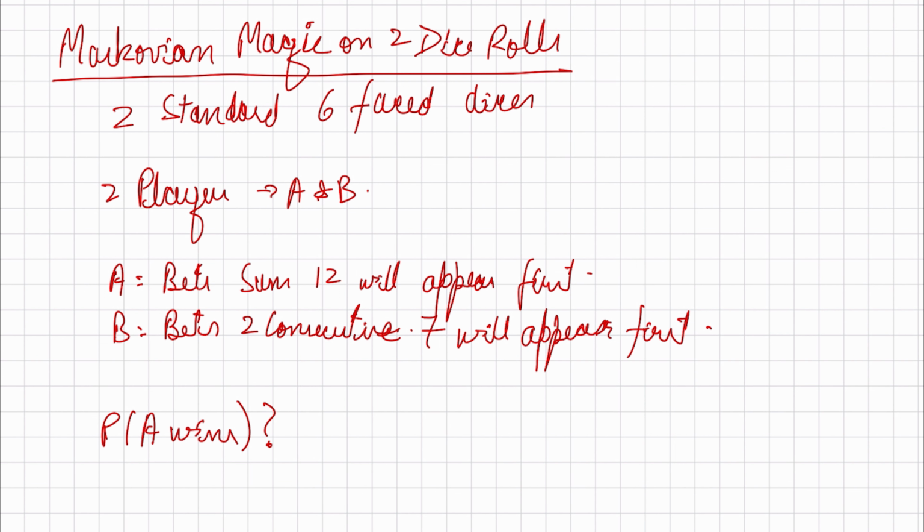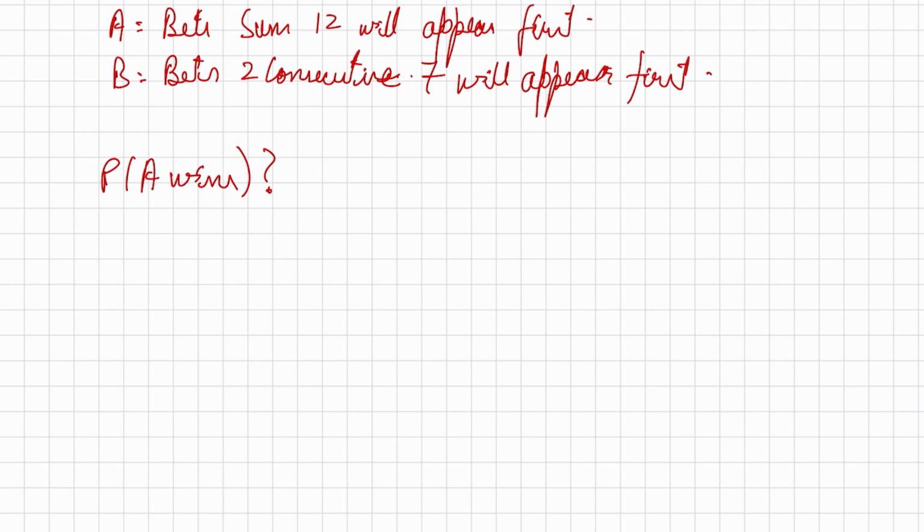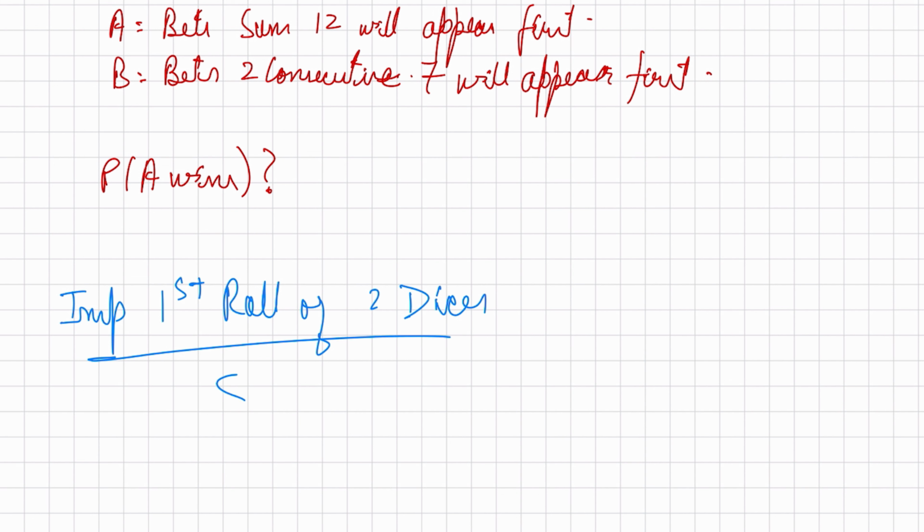Again, if you remember, we had talked about the importance of the first roll of two dice, and we had represented the sum of the two dice by a variable called f. We had said, look, f matters to us only if it's 7 or 12, or if it's anything else, it doesn't really matter because it brings us to the starting point of the game.